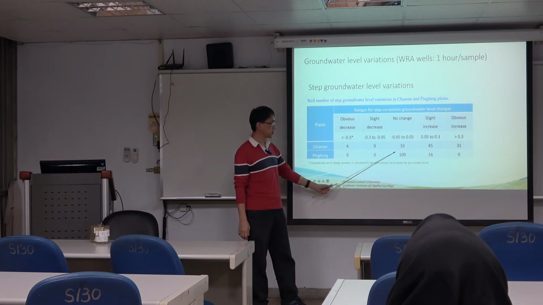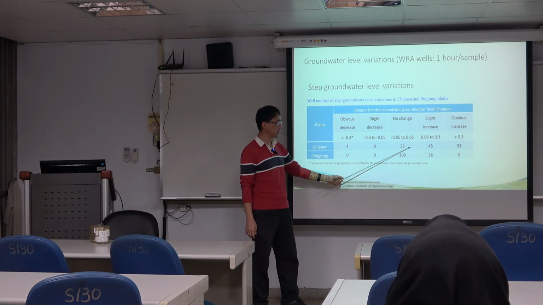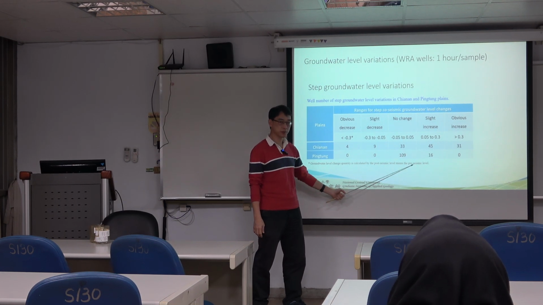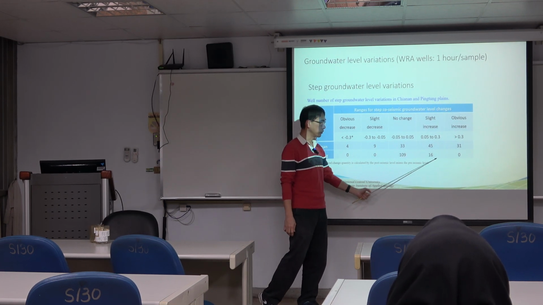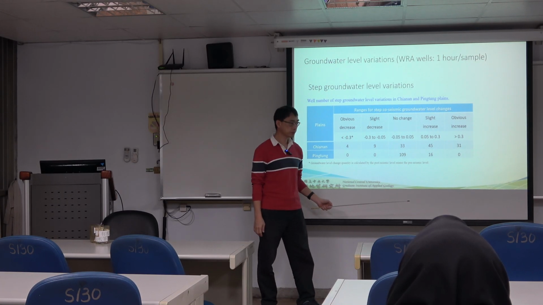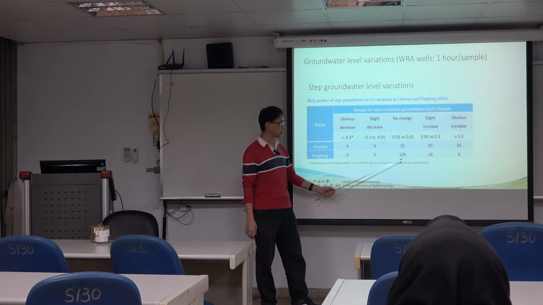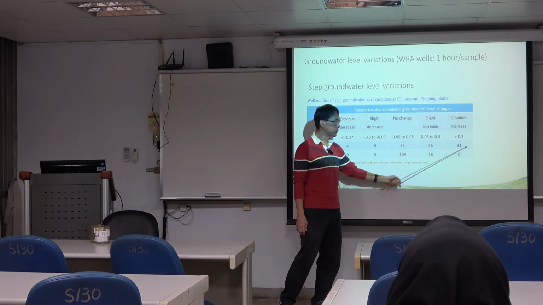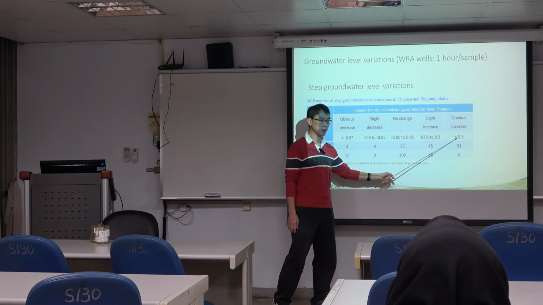In Jiangnan Plain, we can see there is relatively less no-response. But in the Pingtung Plain, we can see that most of the wells do not have a response. We only have 16 wells with a response, but only a slight increase. And for the Jiangnan Plain, we can see the slight increase is 45, and the obvious increase is 31, in number, okay.